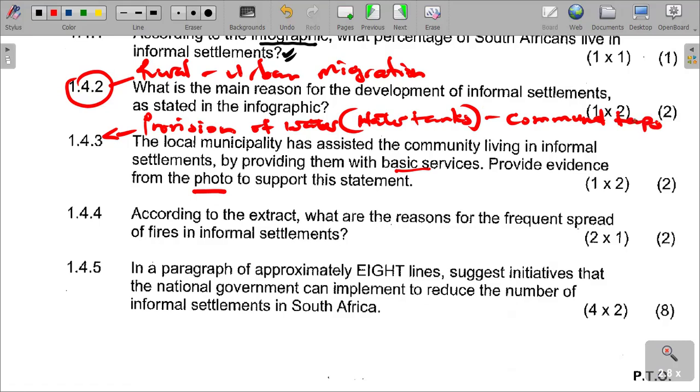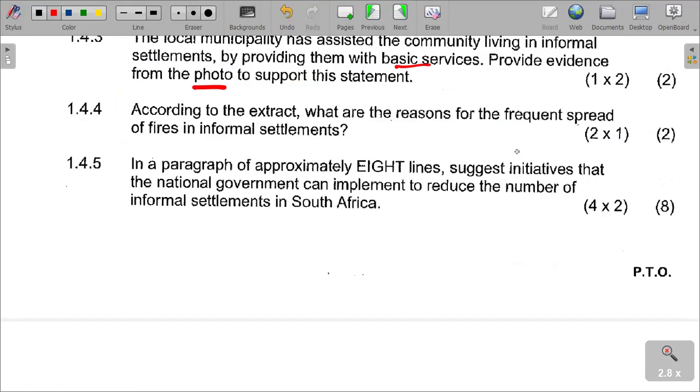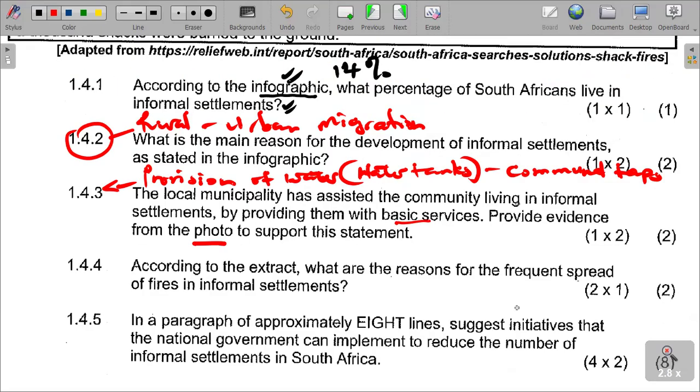If you look in informal settlements, we have central strategic points where people can get water. Communal taps are always provided in areas with informal settlements, where everyone can take water from one specific central point instead of water being provided house to house.